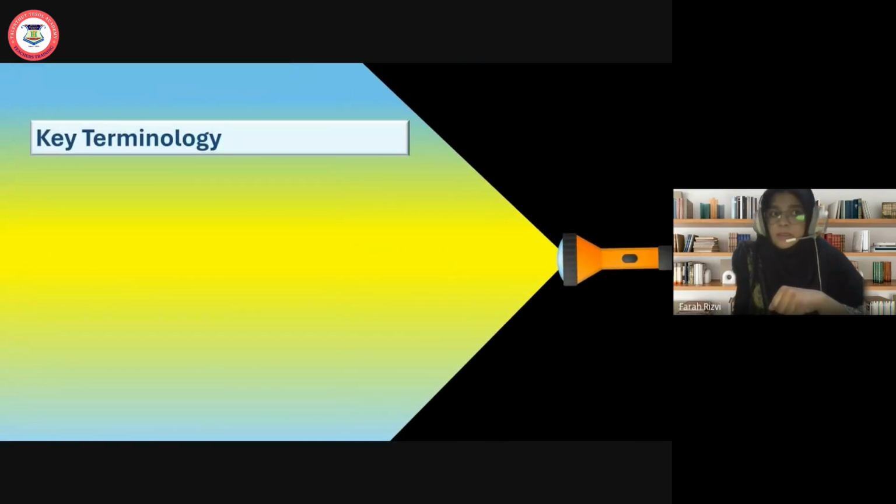Let's talk about the key terminologies of CELTA you are going to hear on a daily basis from your tutors. CCQ. CCQ stands for concept checking questions. When you deliver a concept in the classroom, instead of asking, have you understood? Did you get me? You are going to ask CCQs.